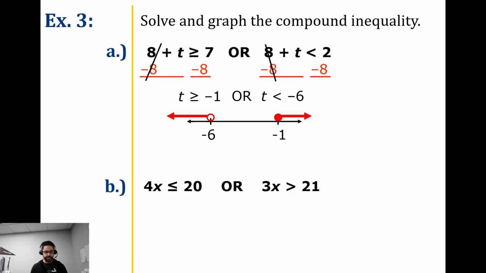About 10 more seconds, quick head start. Again, two separate little inequalities for you to solve.